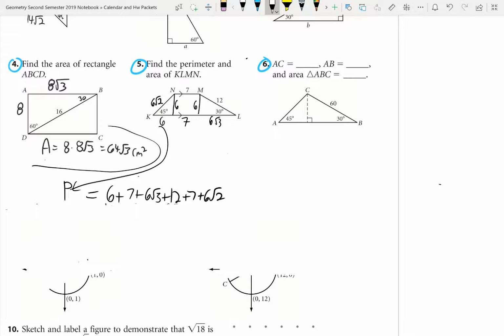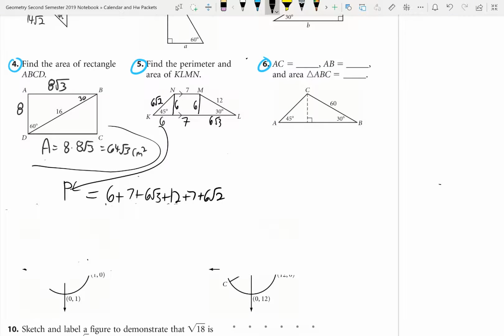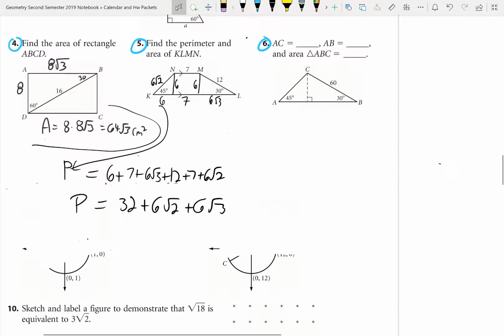Okay. So with that here, that's going to mean the perimeter will equal 6 plus 7 plus 12 plus 7. That is, let's see here. It's 32 plus 6 root 2 plus 6 root 3. And the units on that are centimeters.